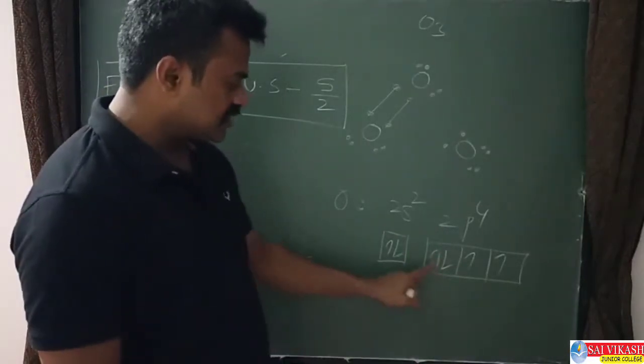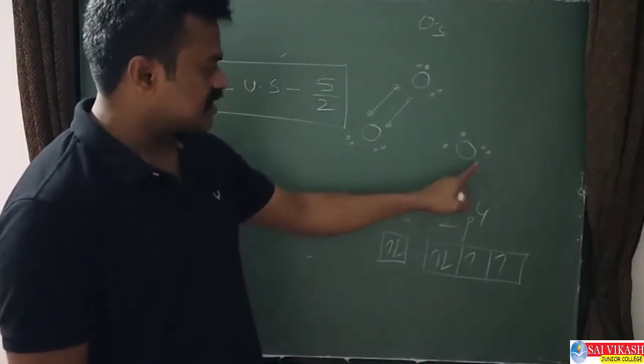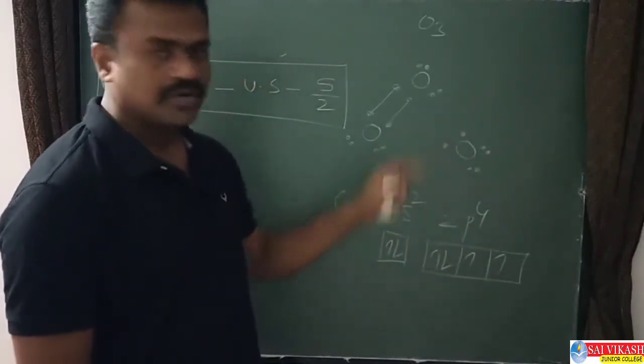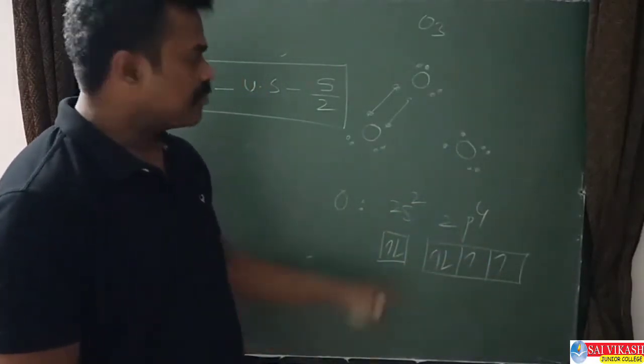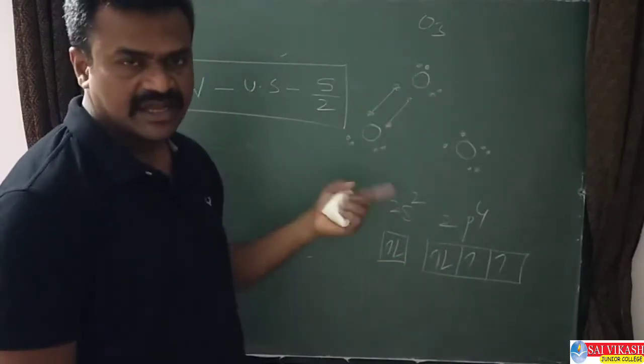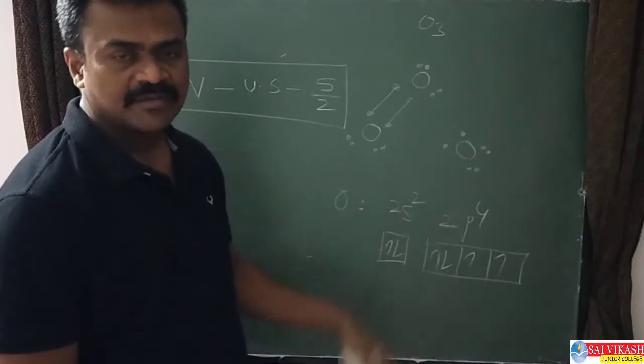So here these are the two lone pairs. These two are the bond pairs. But in this case no bond pair of electrons, just lone pairs only, but lone pairs are not forming any bonds.